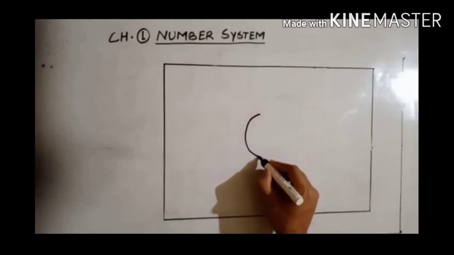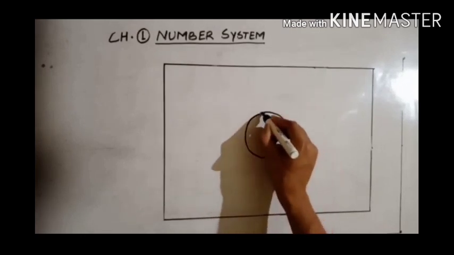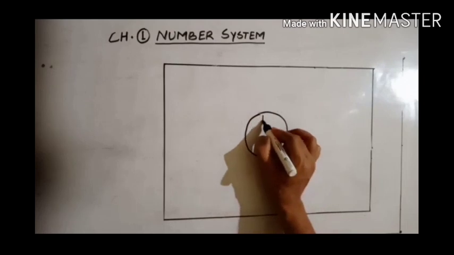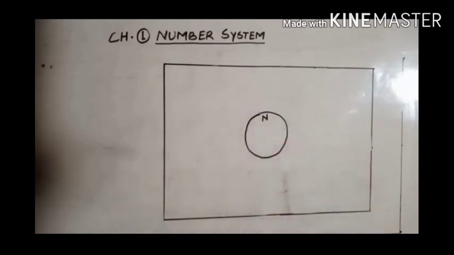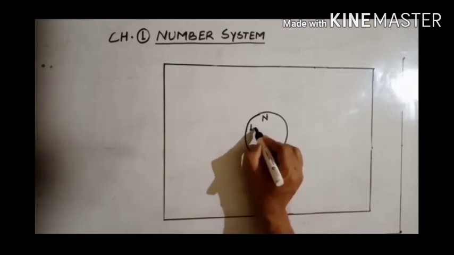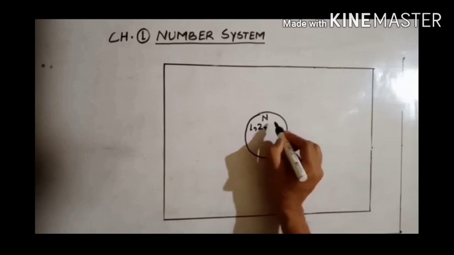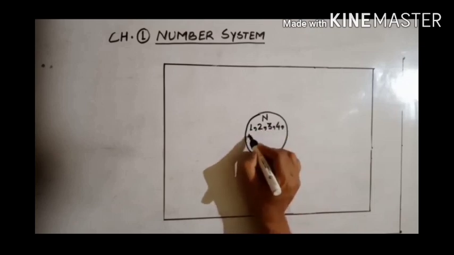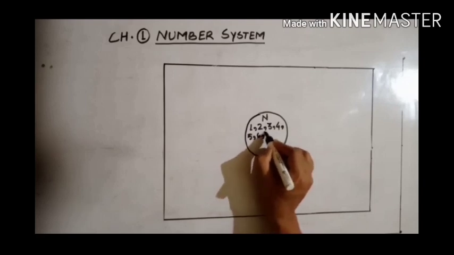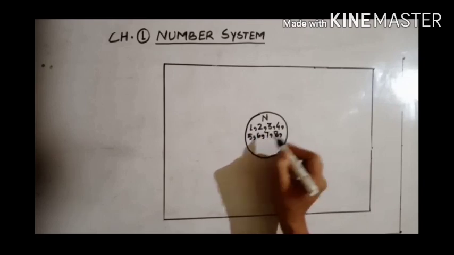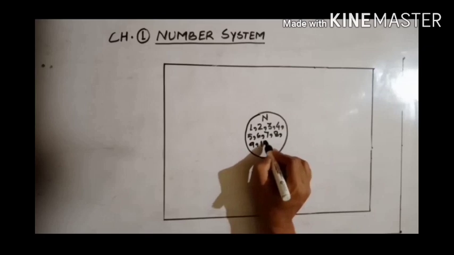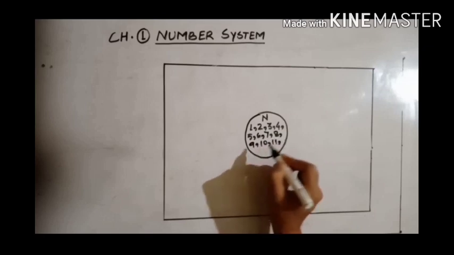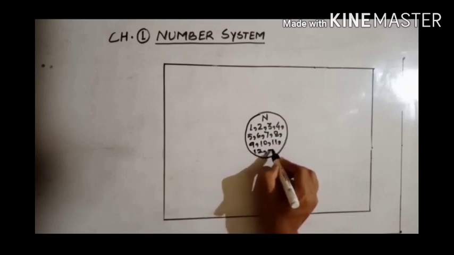So natural numbers are those which are used for counting purpose. And this set of natural numbers is represented by capital letter N. And natural numbers are 1, 2, 3, 4, 5, 6, 7, 8, 9, 10, 11, 12 and so on.